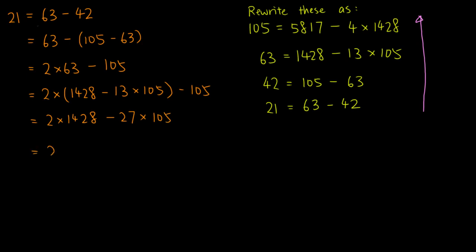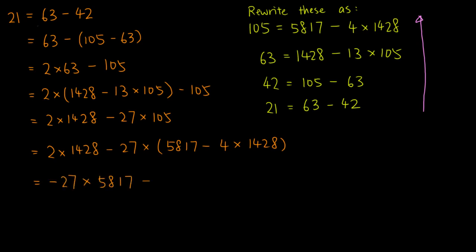Lastly, we substitute the expression for 105 to get 2 times 1428 minus 27 times bracket 5817 minus 4 times 1428, which equals negative 27 times 5817 plus 110 times 1428.